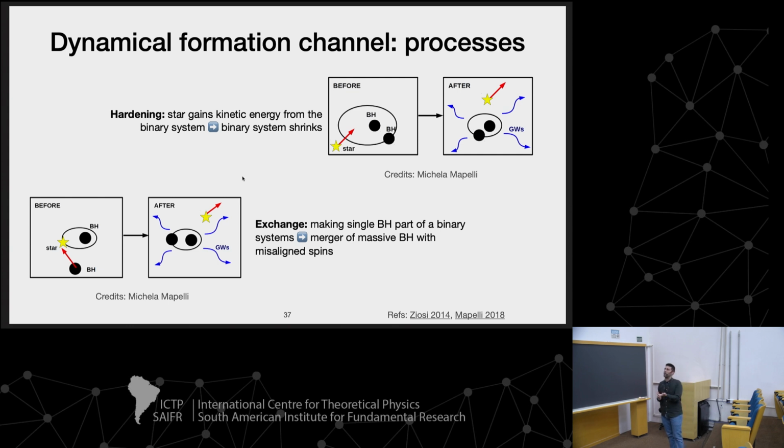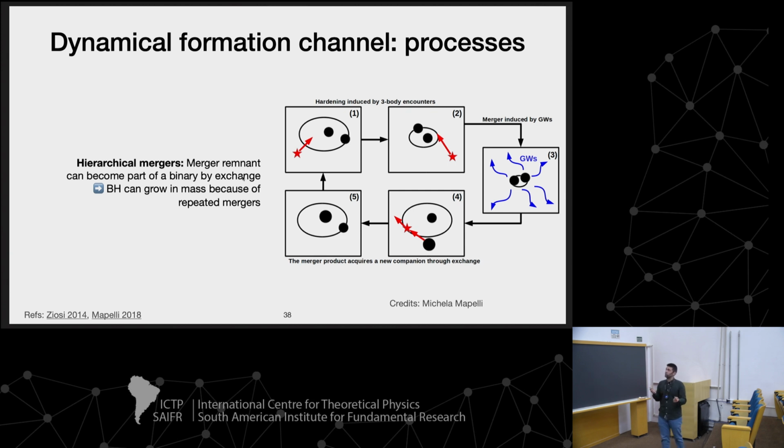So this is another phenomenon that allows you to shrink the binary system and to boost the probability of the two black holes to merge. Exchange instead forms binaries of black holes. For example, you have a black hole interacting with a binary of a black hole and a star, and the black hole takes the place of the star. So this is a way of forming new binaries of black holes.